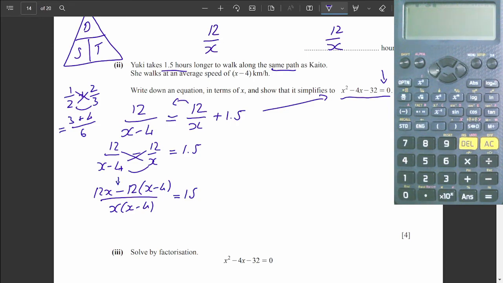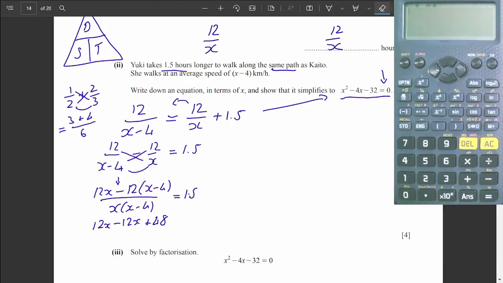Okay, so let's multiply out that bracket. So that gives us 12x minus 12x plus, minus 12 times minus 4 is plus 48 over. Okay, we can get rid of that denominator now.